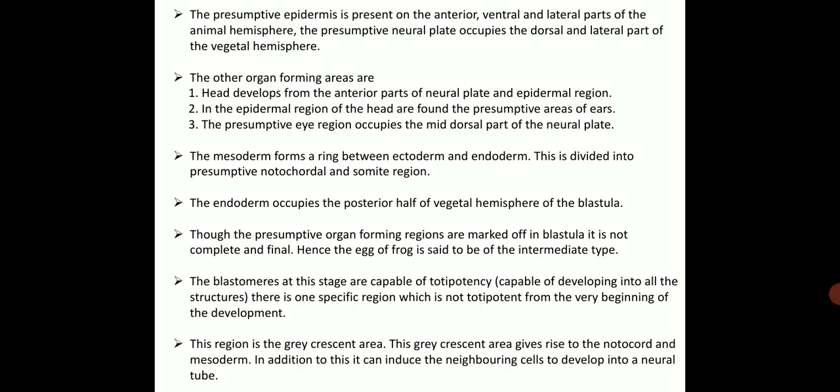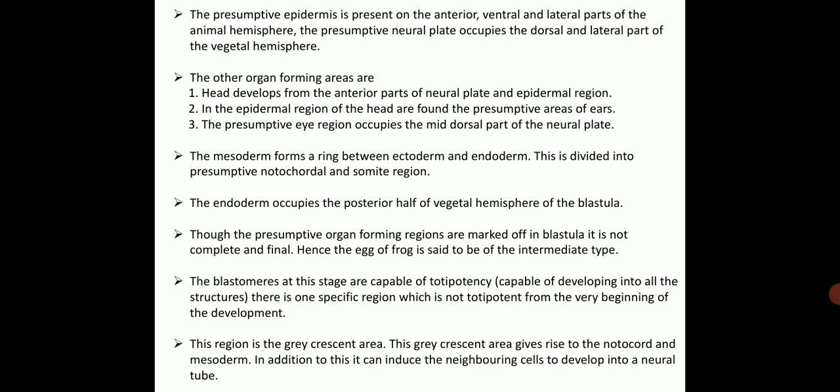The pre-assumptive epidermis is present on the anterior, ventral and lateral parts of the animal hemisphere. The second one, the pre-assumptive neural plate, occupies the dorsal lateral part of the vegetal hemisphere. You know the animal and the vegetal hemisphere.